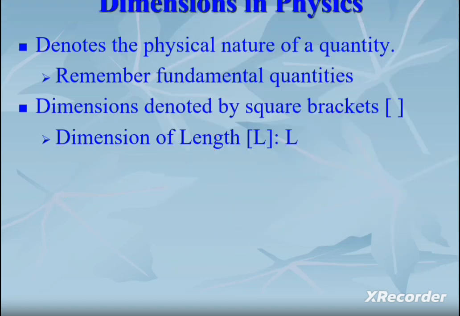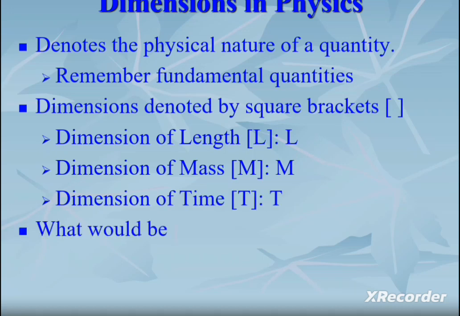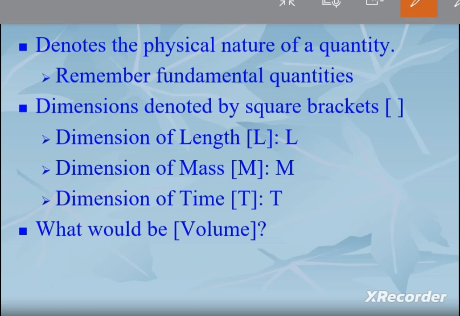So now we move on to the dimensions of mass, which are M, and dimensions of time, which are T. So what would be the dimensions of volume? Volume is length times width times height.